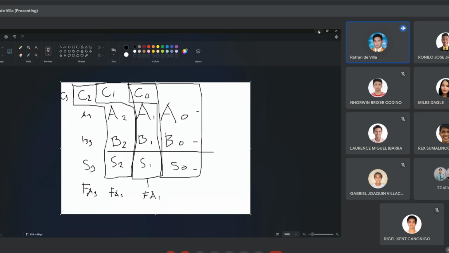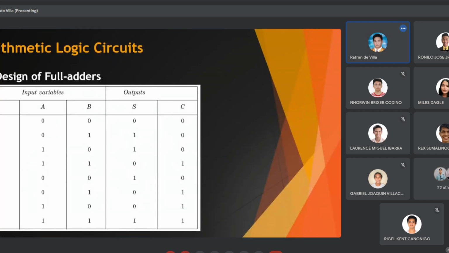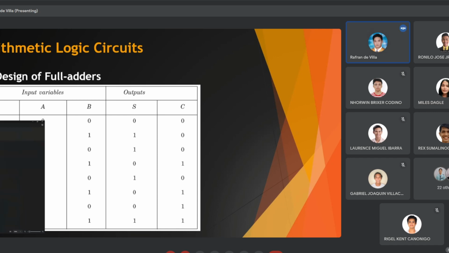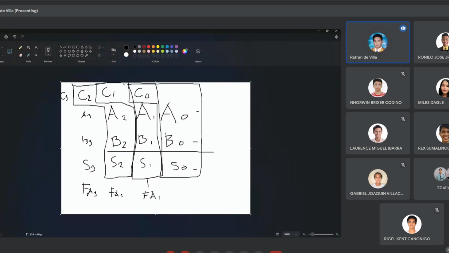So that's the idea, guys, on how we came up with this 3-input adder circuit. So this can be recycled, the design. Okay? So you don't need to design a multiple input bit adder. We'll just take part of the circuit, in this case this one, and design that portion of the circuit. And the rest, you just replicate. Okay?